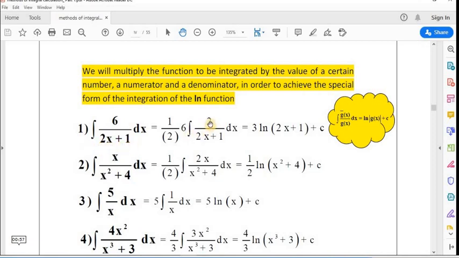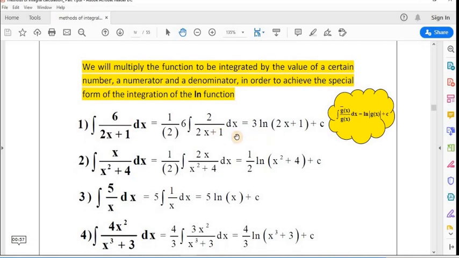So what is the derivative of this one? It will be 2. We will multiply by 2 in the numerator and denominator. If we multiply 2 divided by 2, we are multiplying by 1. And we put it in the special form for the ln function. So it will be ln g(x), this is the g(x), the original function, after we simplify the numbers.